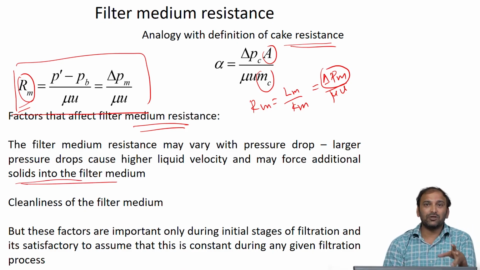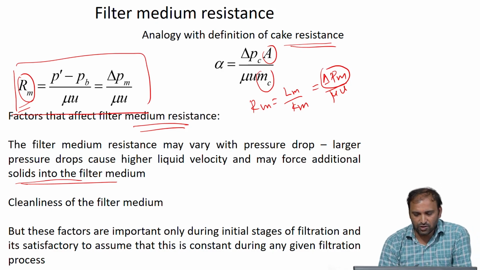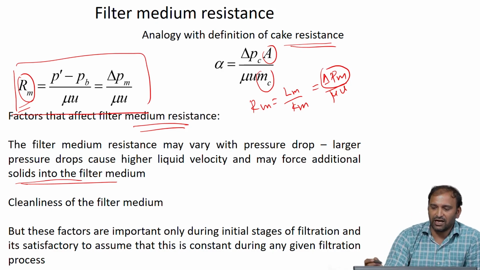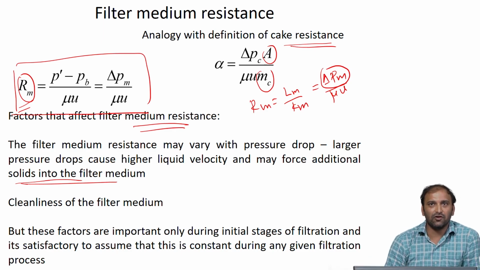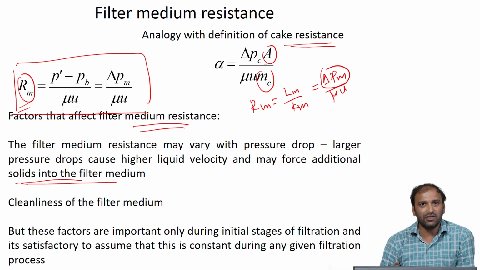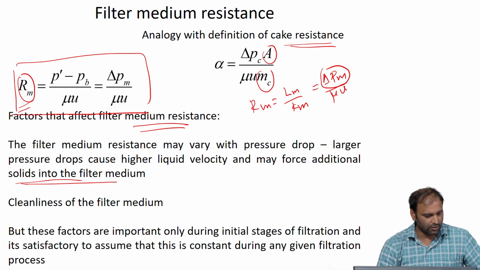And depending upon the cleanliness, some of the pores may be blocked because of the presence of solids, so these factors may change delta Pm. But if you maintain the cleanliness and work with reasonably smaller pressure drops, you can assume delta Pm to be constant during the entire course of the filtration process.